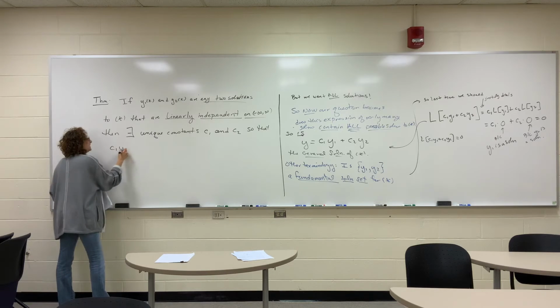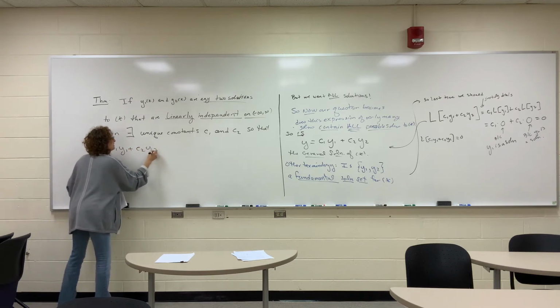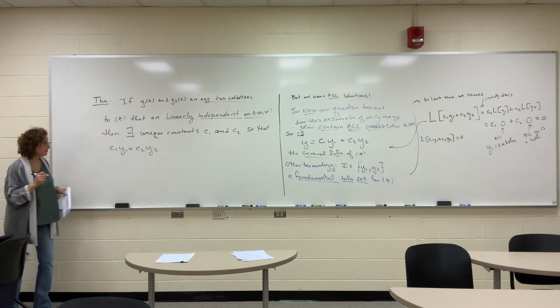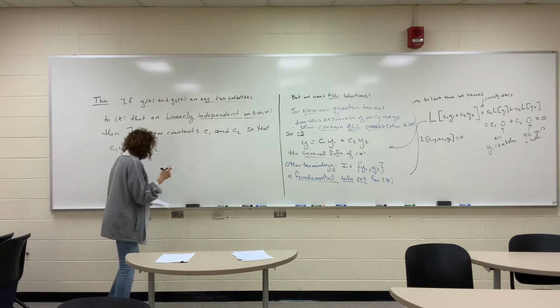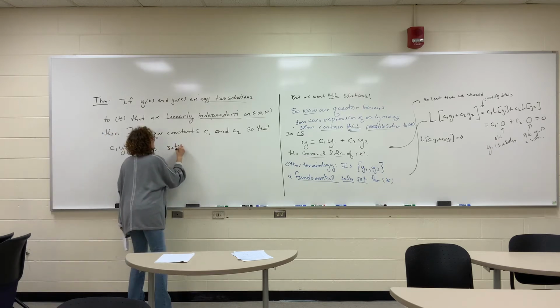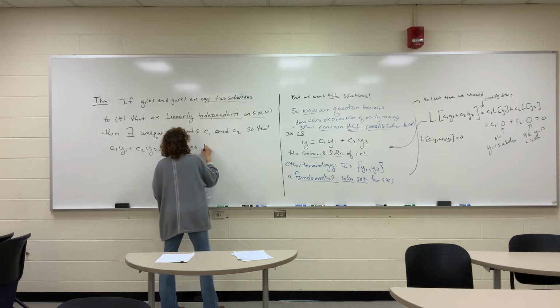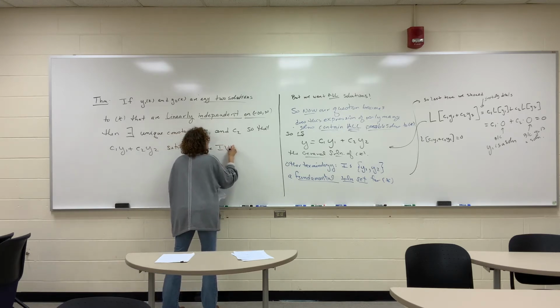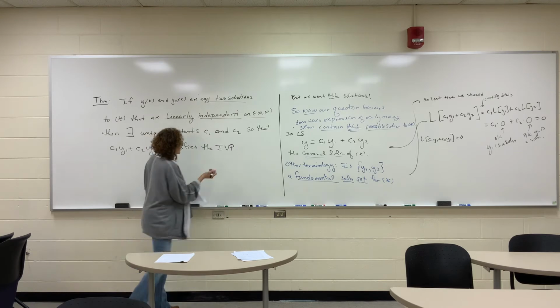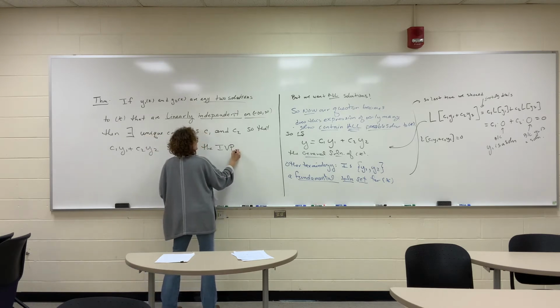if I create the linear combination C1y1 plus C2y2, then that will satisfy the initial value problem. What is the initial value problem?